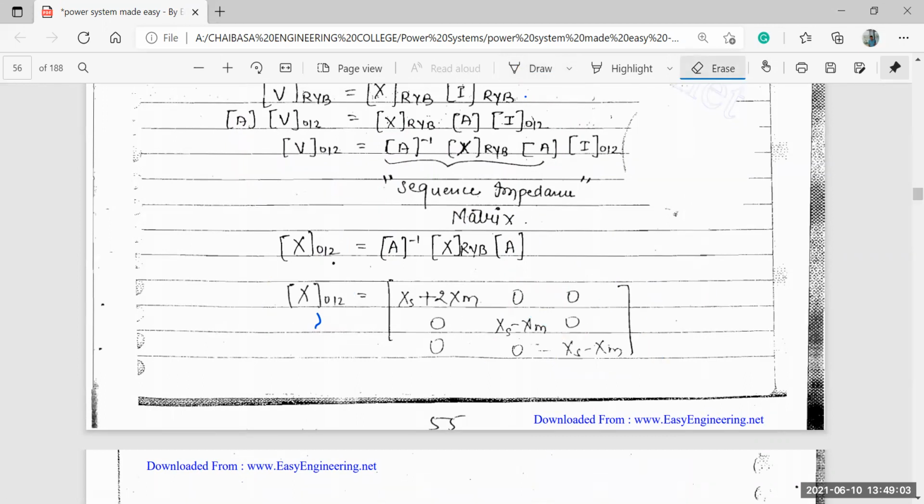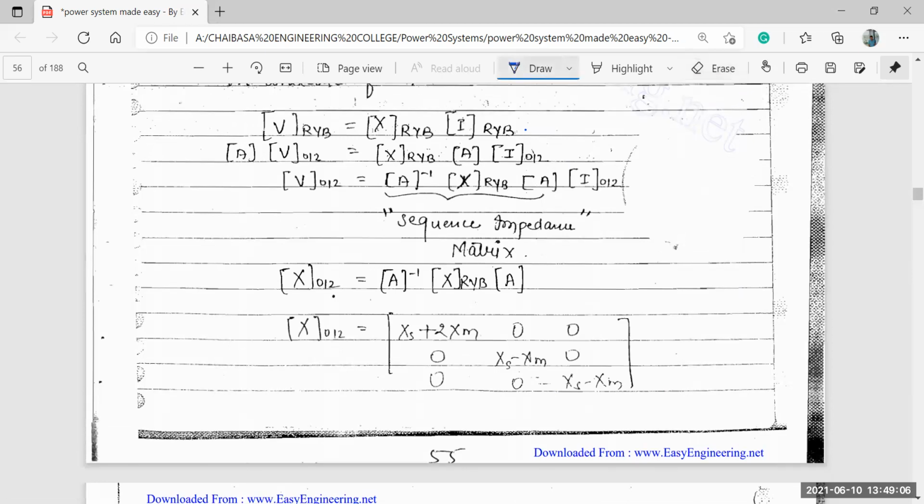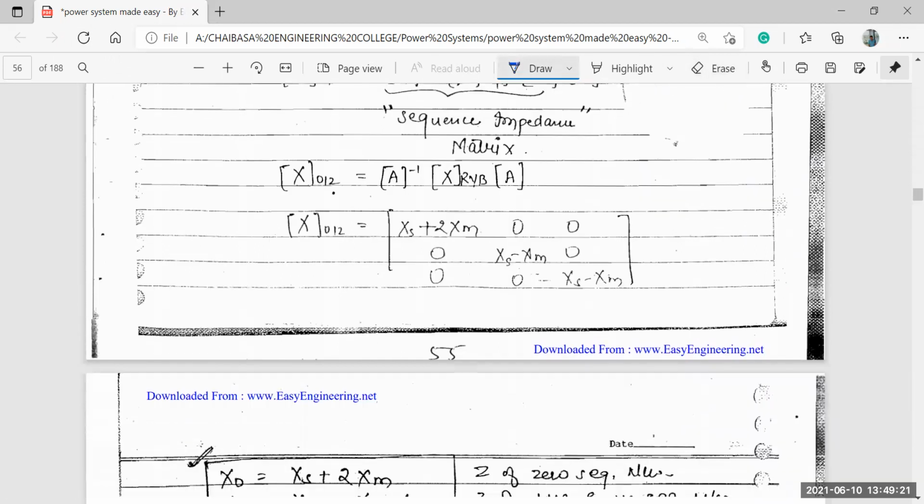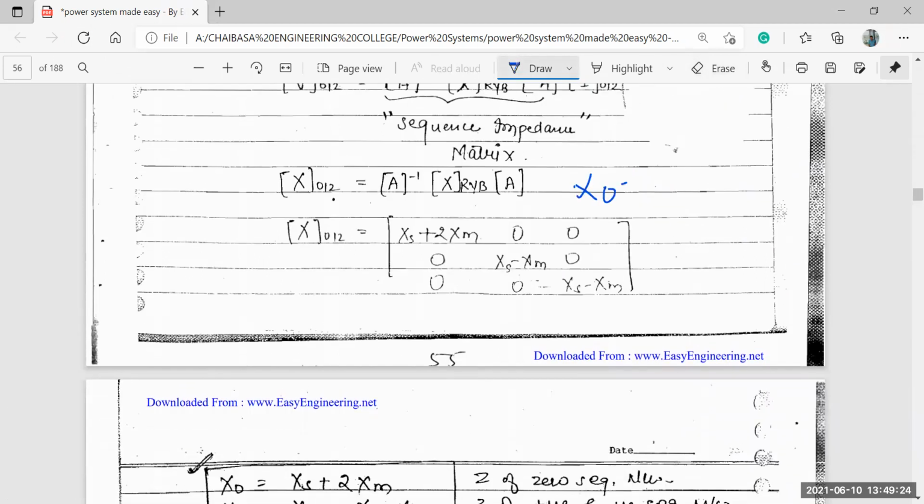So from this, we get X_0 equals X_S plus 2X_M, whereas the positive and negative sequence components X_1 equals X_2 equals X_S minus X_M.